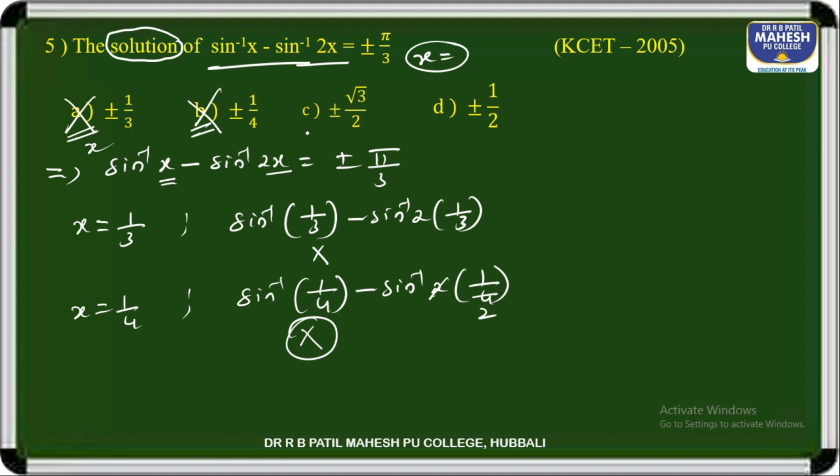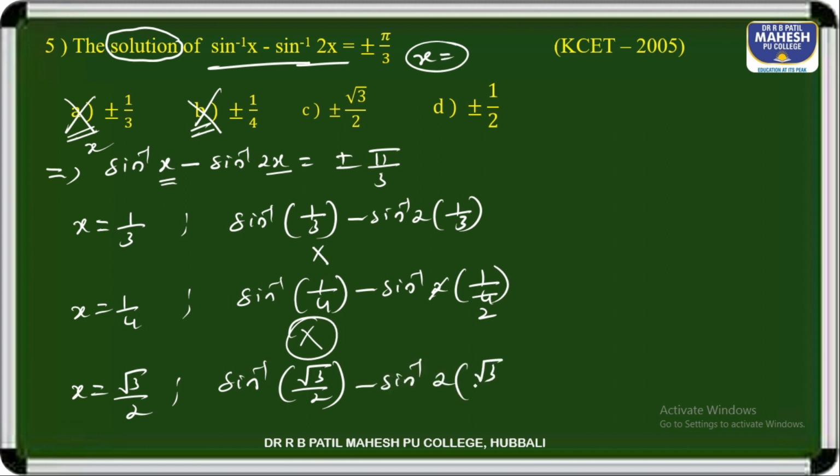Check for option C, x equal to root 3 by 2. Substitute in the given expression wherever x is there. So sin inverse of root 3 by 2 minus sin inverse of 2 into root 3 by 2. Dear students, you may have sin inverse root 3 by 2 as pi by 3 minus, what about this one? 2 and 2 get cancelled. Sin inverse root 3, do you have a standard value?